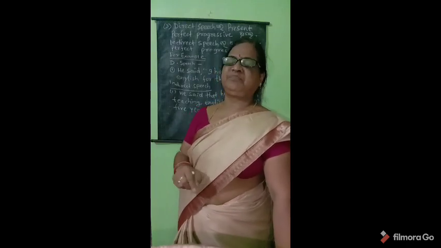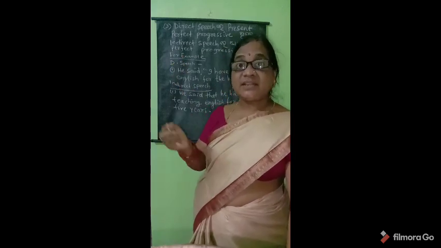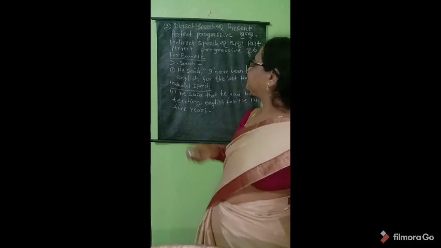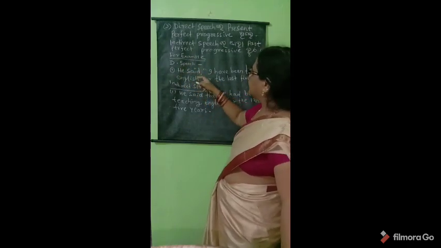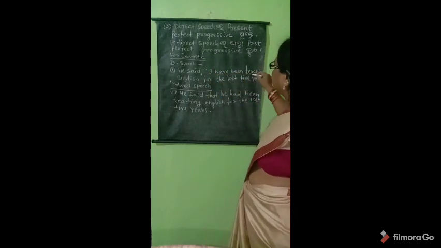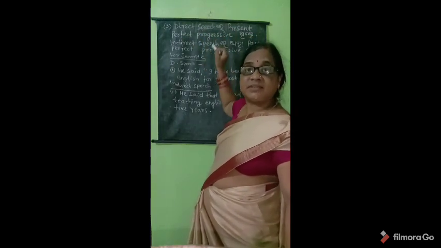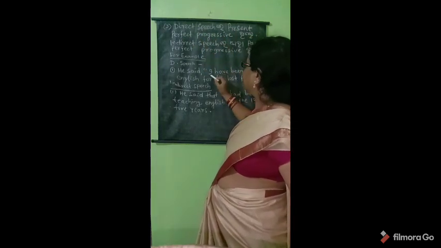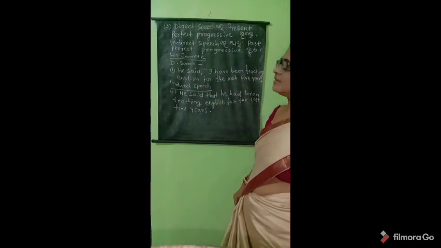When we change direct speech into indirect speech, at that time we change the tense form also according to the sentences. For example, direct speech, he said, I have been teaching. This is present perfect progressive, and it changes into he had been teaching.